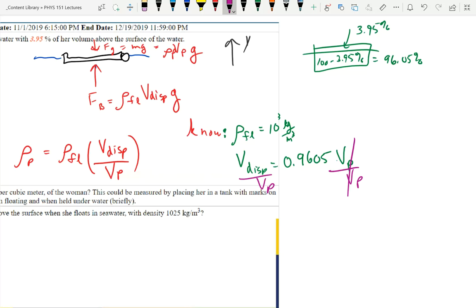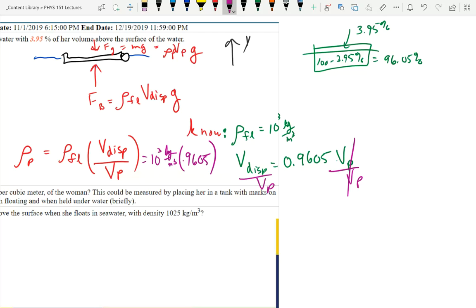Anyone? 0.9605. So this is just equal to 10 to the third kilograms per meter cubed times 0.9605, which any one of us could multiply in our head, I hope, and get 960.5.